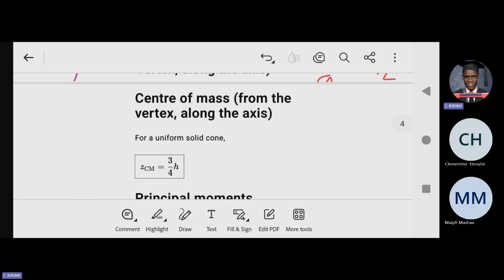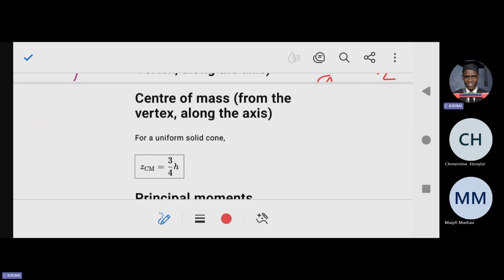For a uniform solid, which means along the Z, the center of mass of the cone. Remember, we are talking of that cone. If it's a uniform solid cone, the center of mass is positioned at 3/4 of the what? Of the height. For a cone, the center of mass along the Z is positioned at 3/4 of the height.